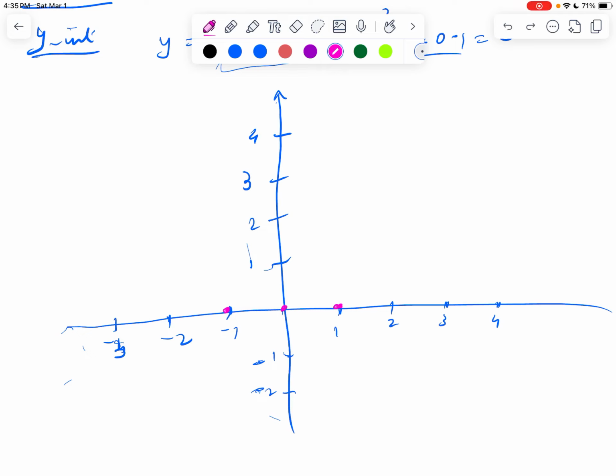So, and then you have to check. This is a 0 of multiplicity 1. So the graph is going to cross the x-axis. But how will it cross? It will just cross like this. Okay.